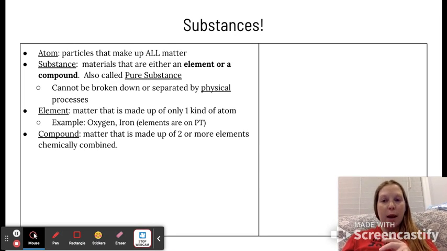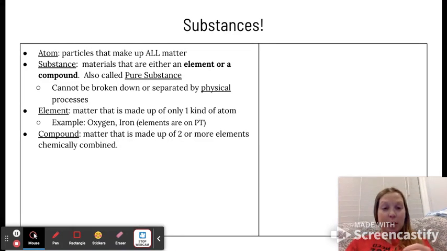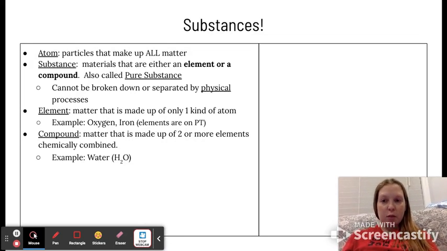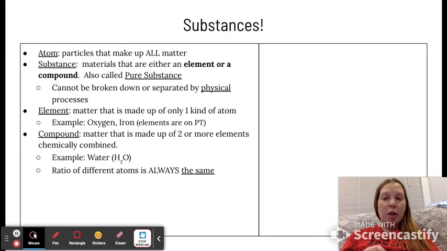And then compounds are samples of matter that are made up of two or more elements that are chemically combined together, which means they are bound together. So to separate them, you have to do it by chemical processes, not just physical processes. So some examples here are water, methane, sugar, things like that. The ratio of atoms in a compound is always the same.